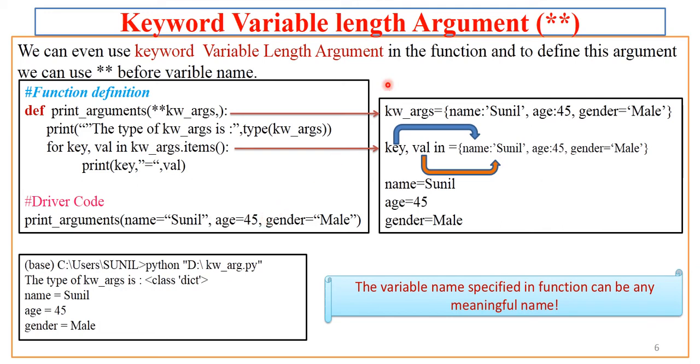Now we'll try to understand this in the second rectangle of this slide, so do focus where I'm pointing. kw_args will be referring to something called a dictionary. We have not yet covered what a dictionary is, but we had a single line description of this collection during the discussion of data types in Python.